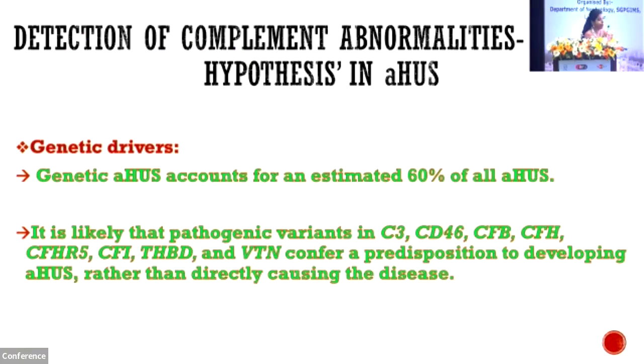Okay. Now coming to the genetic drivers of atypical HUS, it's been shown in literature that at least 60% of all atypical HUS cases have a genetic predisposition. But what do you mean by genetic predisposition? Generally, you say that there is a genetic abnormality only if you identify a pathogenic or a likely pathogenic variant.